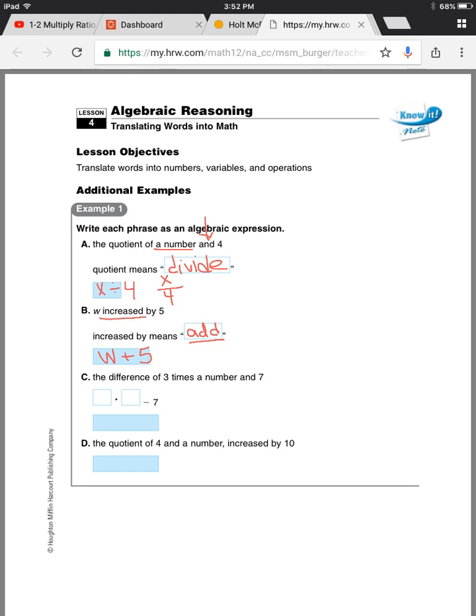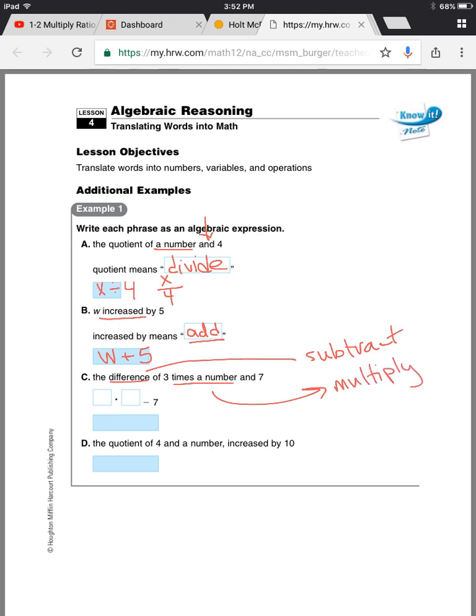The difference of 3 times a number and 7. Now, difference means the answer to a subtraction problem, so it means we're going to subtract. Times a number is multiply.